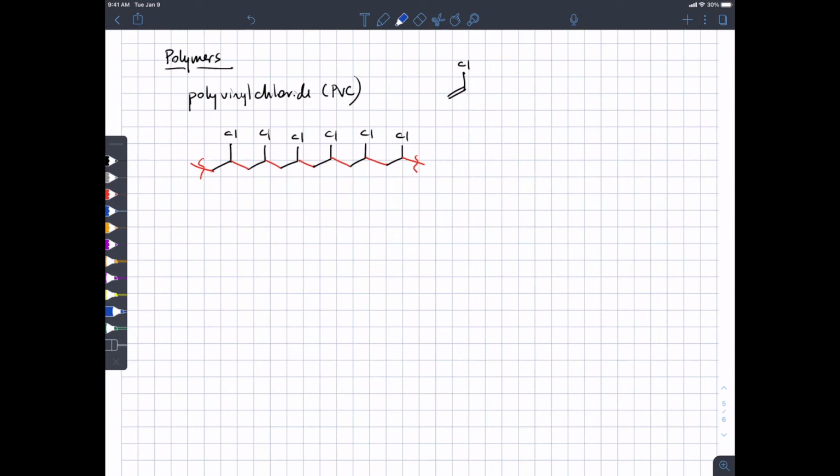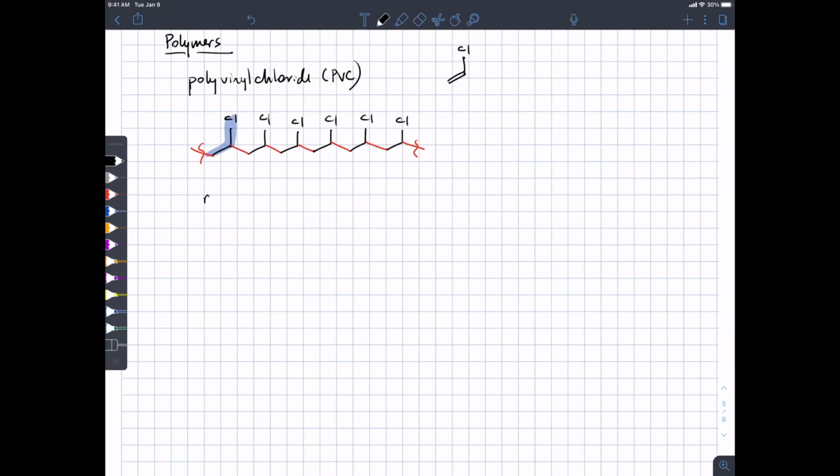So each of these is a vinyl chloride subunit. How do you get from the vinyl chloride starting material to the polymer? Radical polymerization is generally used.